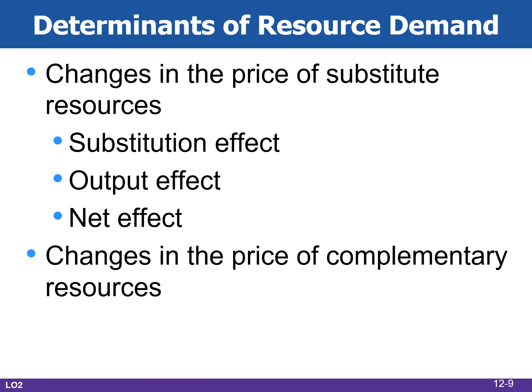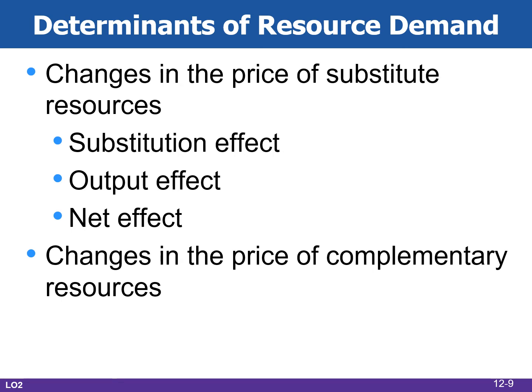So the substitution effect decreases the demand for workers. Now, an interesting development is that adding more efficient machines to the factory, to the firm, allows the firm to increase output at a lower cost. The increase in output, in turn, actually increases the demand for labor.